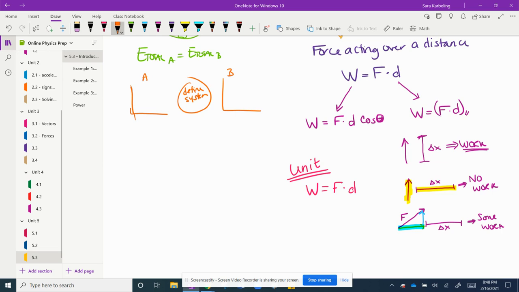Force is measured in newtons. Distance is measured in meters. Now, we looked at this a little bit before when we were talking about energy. A newton times a meter is a joule. Work is measured in joules as well, okay? Just like your energy is. We'll see why that is in just a minute.